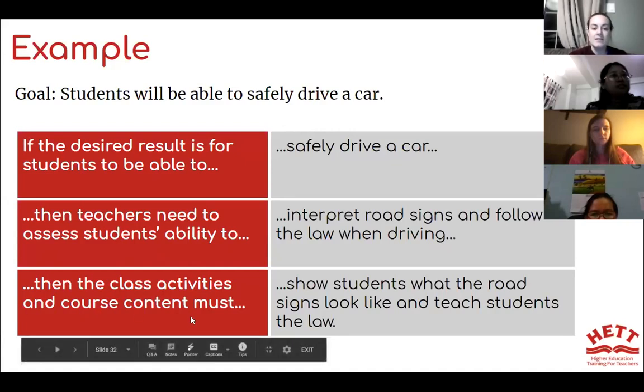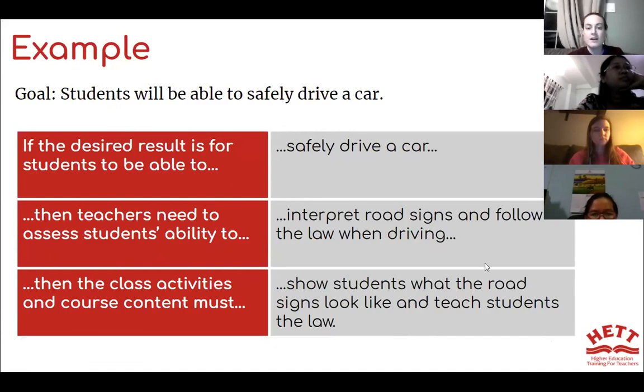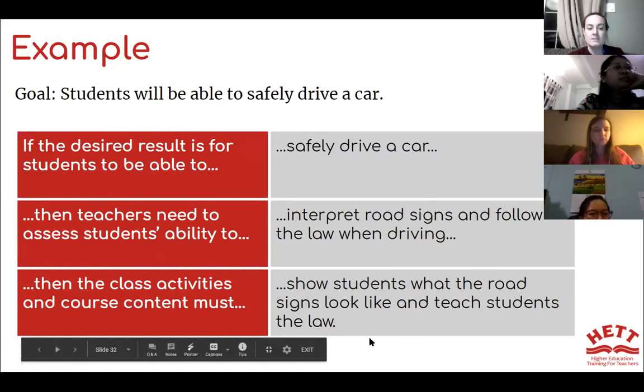Then the class activities and course content must show students what the road signs look like and teach students the laws. So you need to come up with the goal first, then how it will be assessed, and then what activities you will do to meet that assessment or goal.